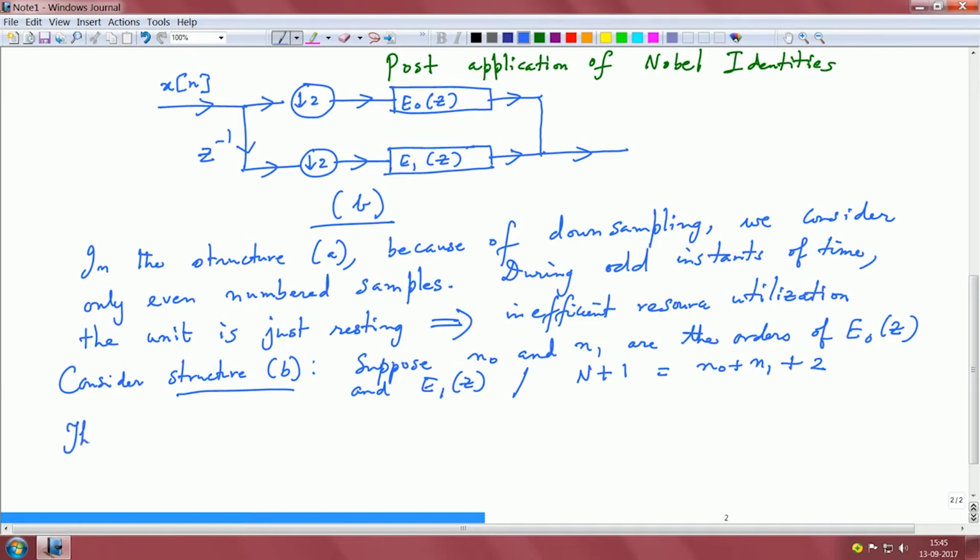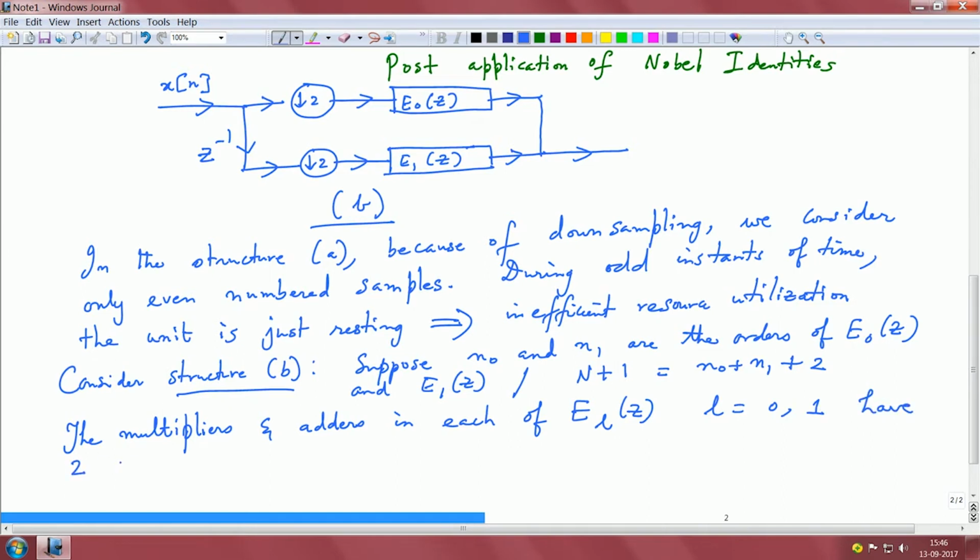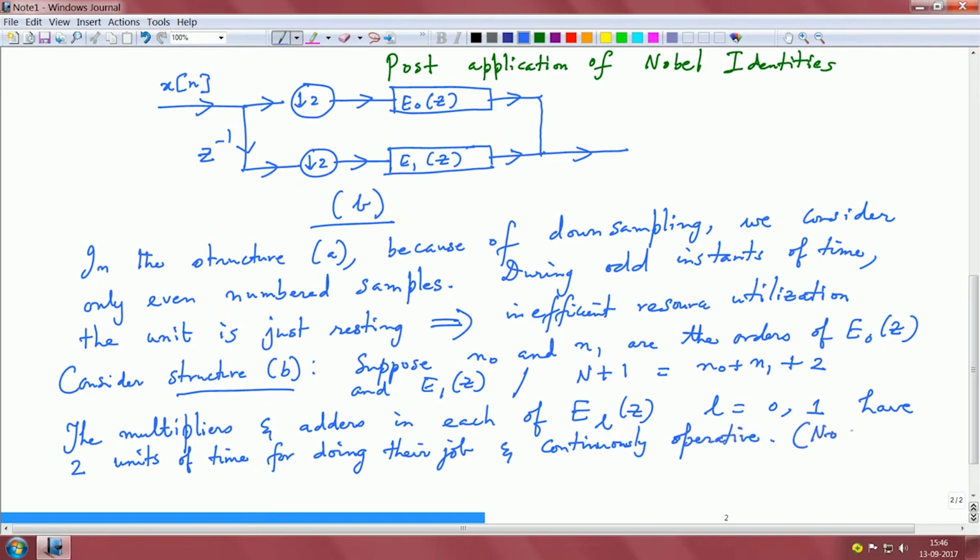Now the multipliers and adders in each of E_L of z, so in this case L equals 0 and 1, have 2 units of time for doing their job, and they are continuously operative, that is, there is no resting time, which is important.